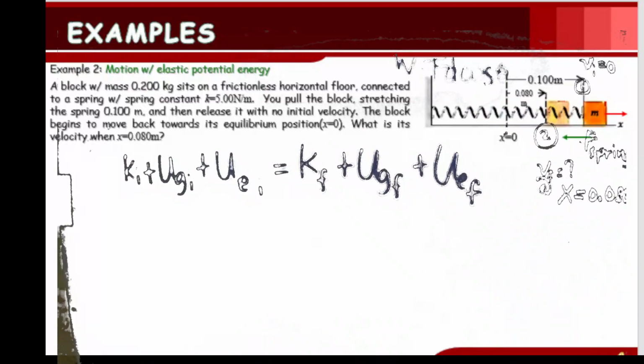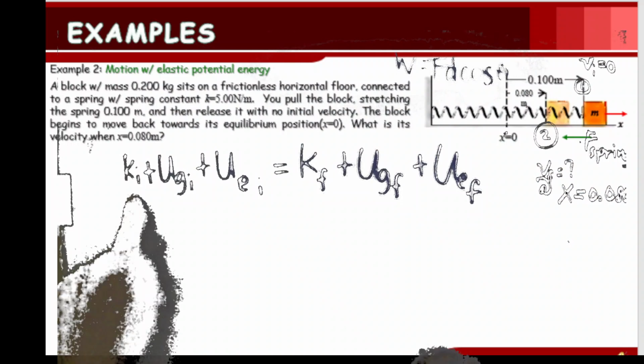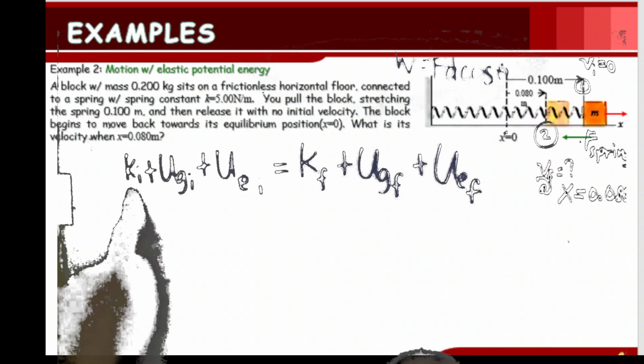Okay. Now, the next step is to cancel out the terms nga pwede nato ma-cancel out, katong ma-zero. Let's try to check ang initial kinetic energy. Do we have initial kinetic energy?